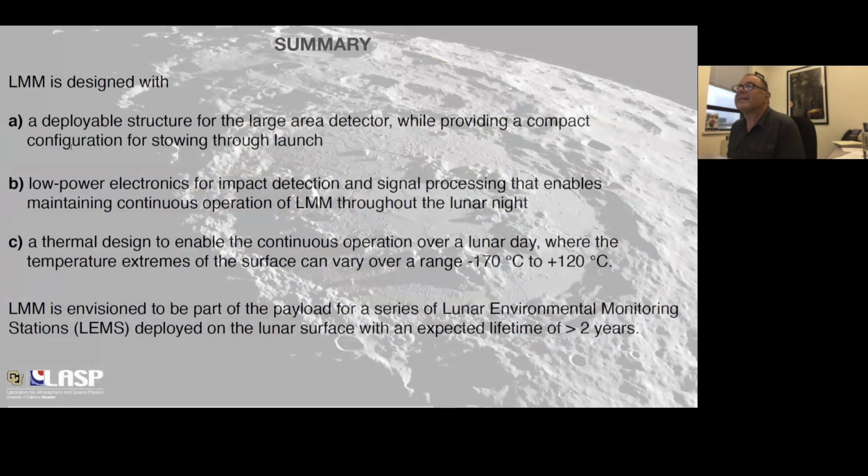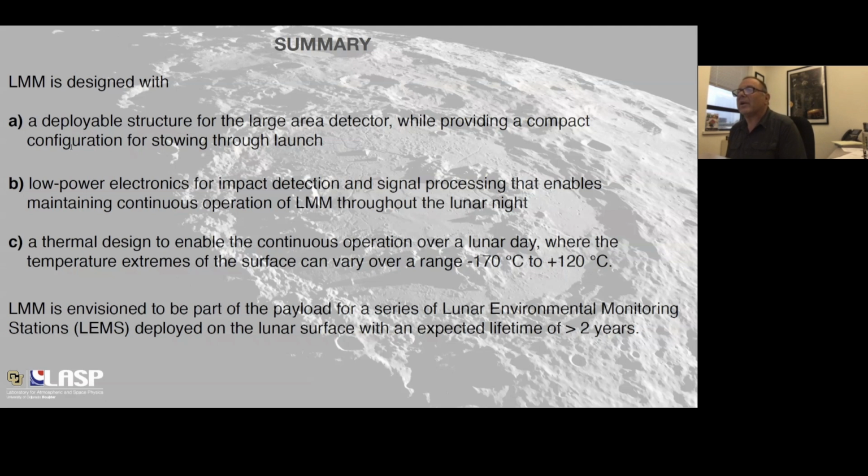is next, please. As a summary, these are the things you will have to worry about when you design an instrument like this. You have to have a deployable structure because you cannot put a large surface area dust instrument on a small spacecraft or a bigger spacecraft. There are arguments that it would be really good to survive the lunar night. So clearly, in that case, low power electronics is key.